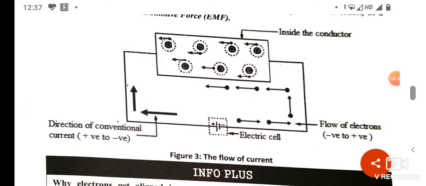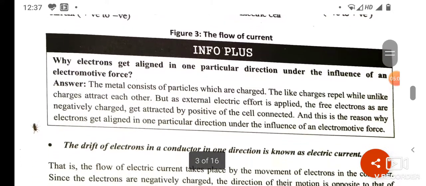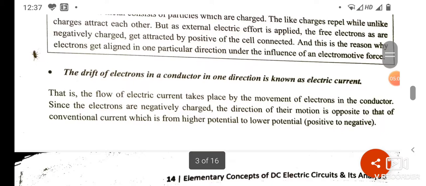Conventionally we take the current flow as from positive to negative, but actually the flow of electrons is from negative to positive. For analyzing purposes we take the conventional direction of current as positive to negative. So the drift of electrons in a conductor in one direction is known as electric current.